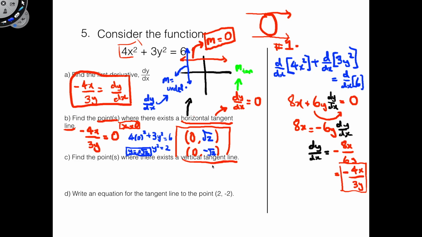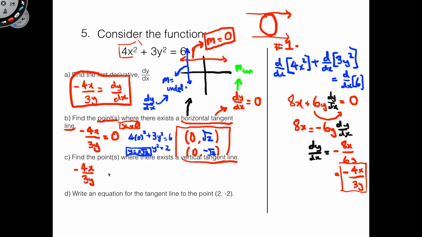If we're looking for a vertical tangent line, it means we're looking for where our dy/dx is going to be undefined. So let's try to solve for that, shall we? That's all we have to do now, just the same procedure as above. We take 4x over 3y.